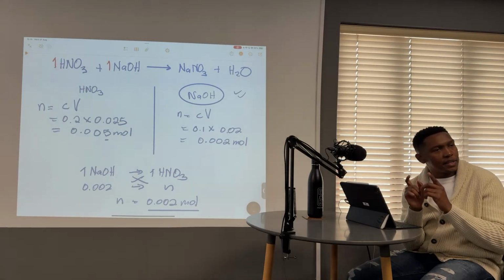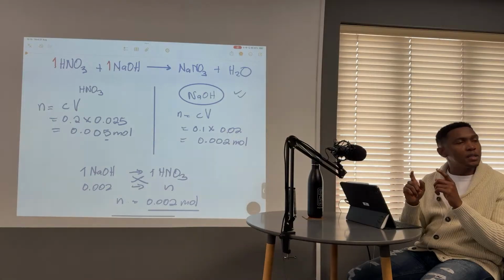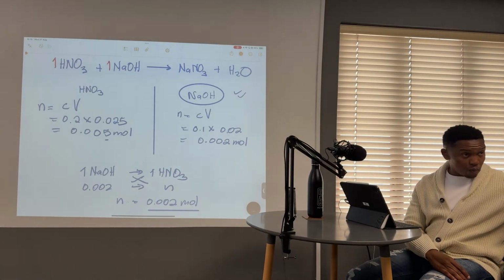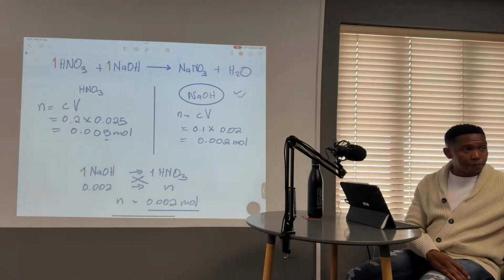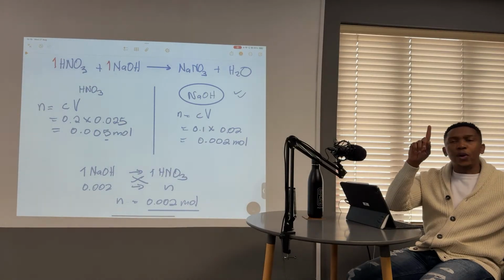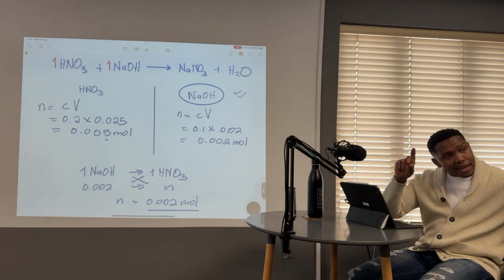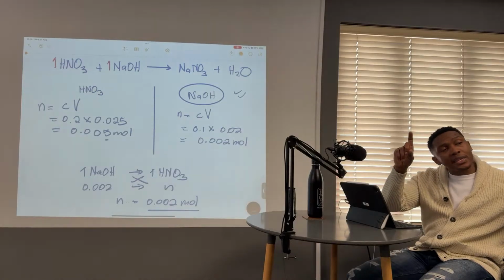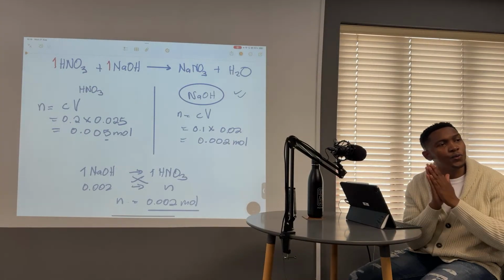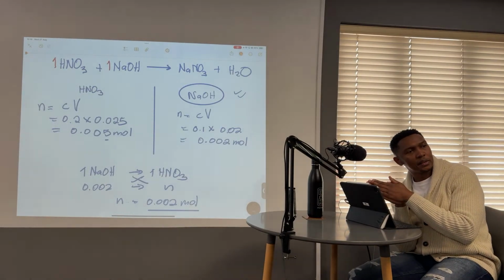According to this reaction, for every 1 nitric acid, I need 1 sodium hydroxide. Meaning, for any amount of nitric acid that I have, I will require the same amount of sodium hydroxide if they are to fully neutralize.